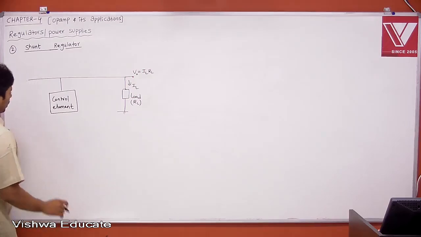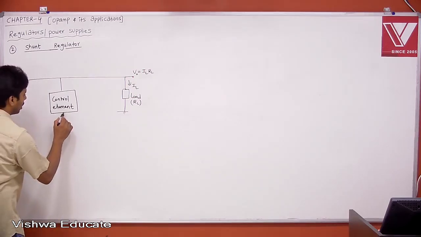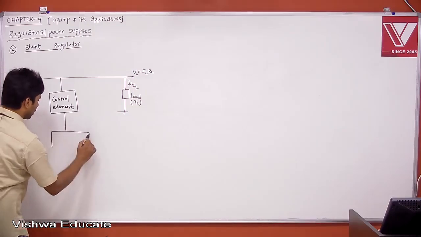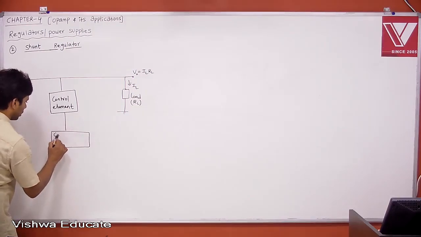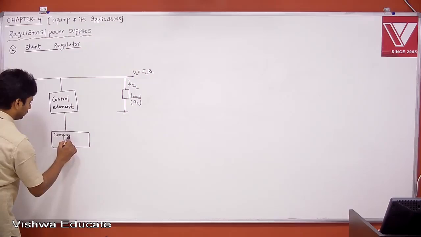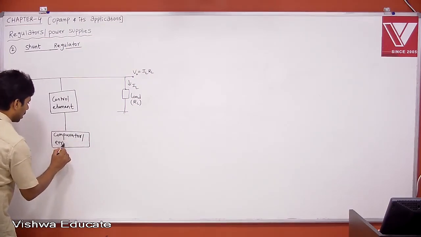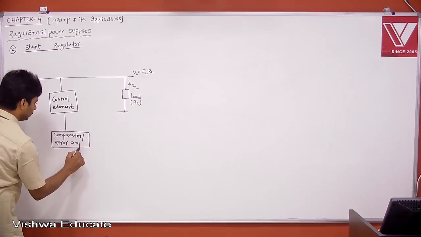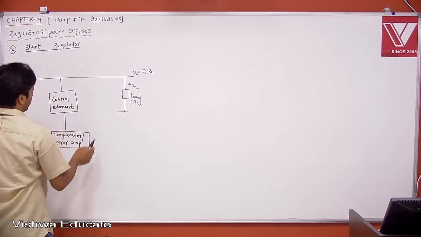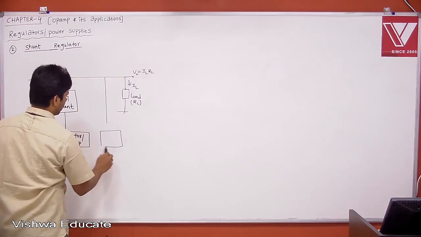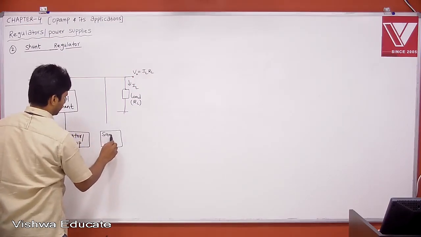Then the control element will get control signal from comparator or error amplifier, right?